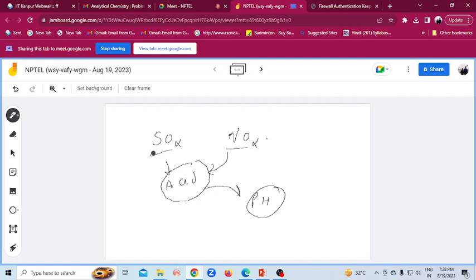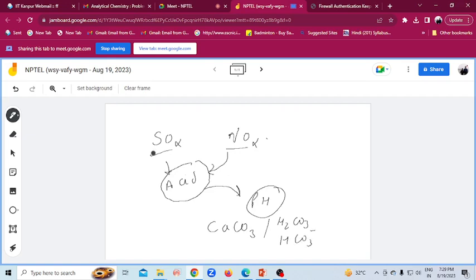So nature has one protecting system where this pH can be managed. For this purpose, the buffer solution is made of CaCO3, H2CO3, or HCO3 minus.